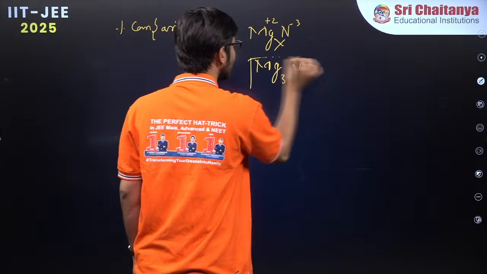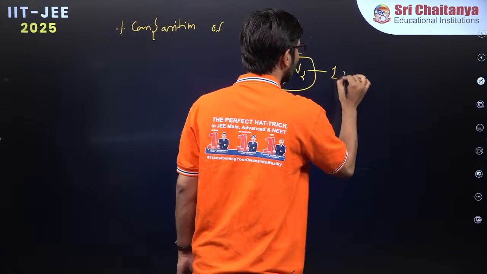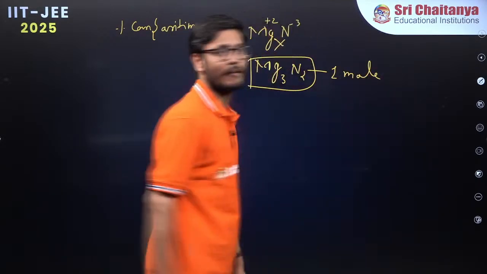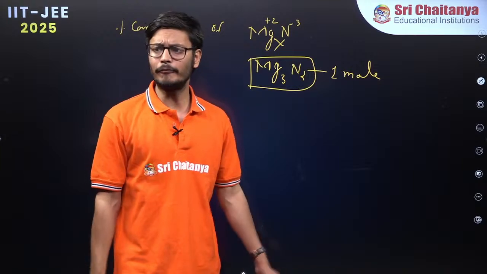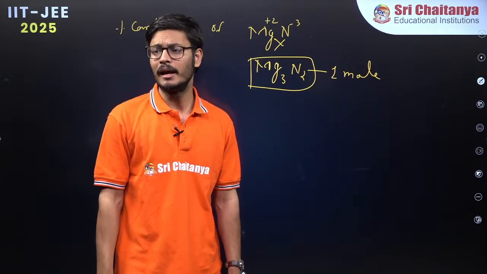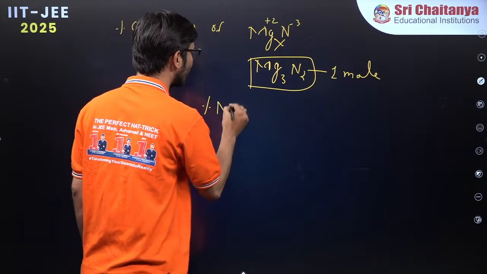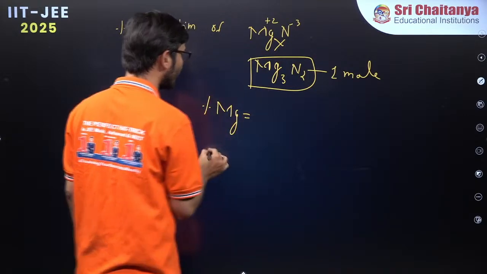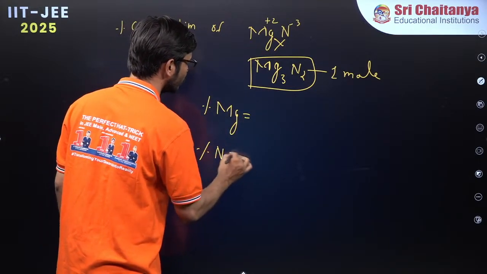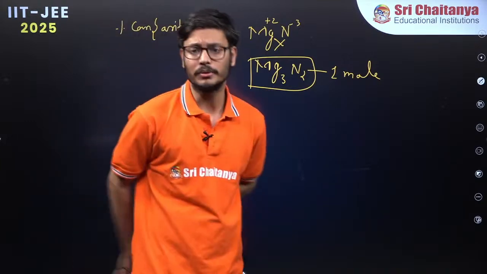Now, let us say we are having 1 mole of magnesium nitride. Now we want to know what is the percentage of magnesium in the compound and what is the percentage of nitrogen in the compound. That is known as percentage composition.